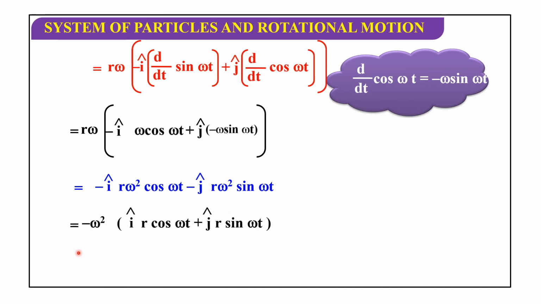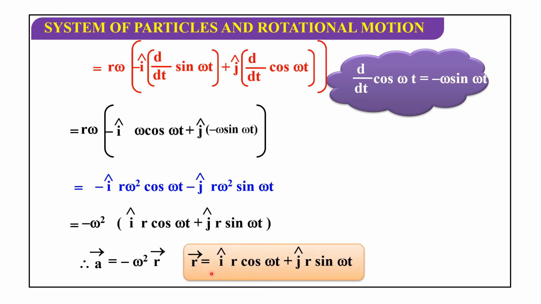So minus omega square taking common, i cap r cos omega t plus j cap r sin omega t. Therefore r bar is equal to minus omega square R bar. So R bar is equal to i cap R cos omega t plus j cap R sin omega t.